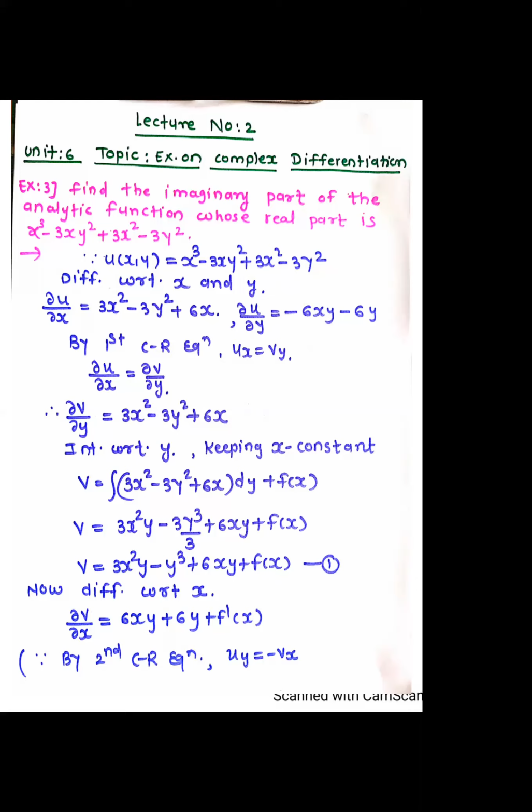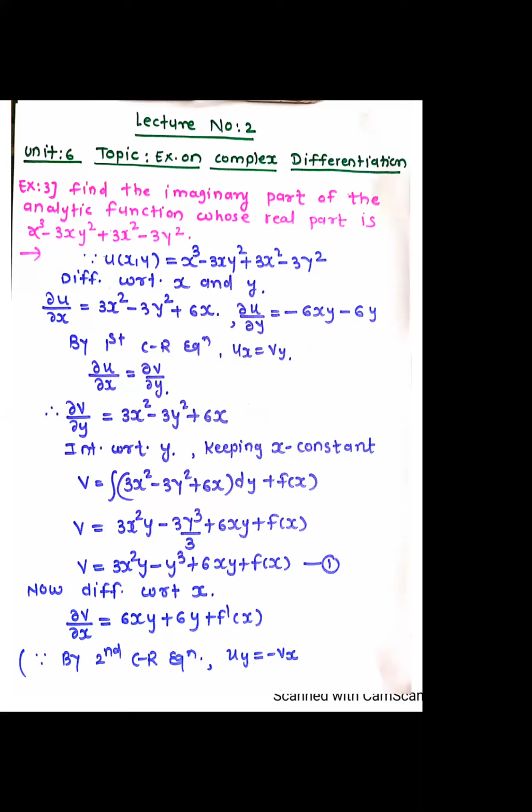When you integrate with respect to y, x is a constant, so we add the constant of integration as f of x. Then to eliminate f of x, we differentiate with respect to x, get f dash of x using the second CR equation, and once you get that, we get f of x, and hence the required function v of x comma y.